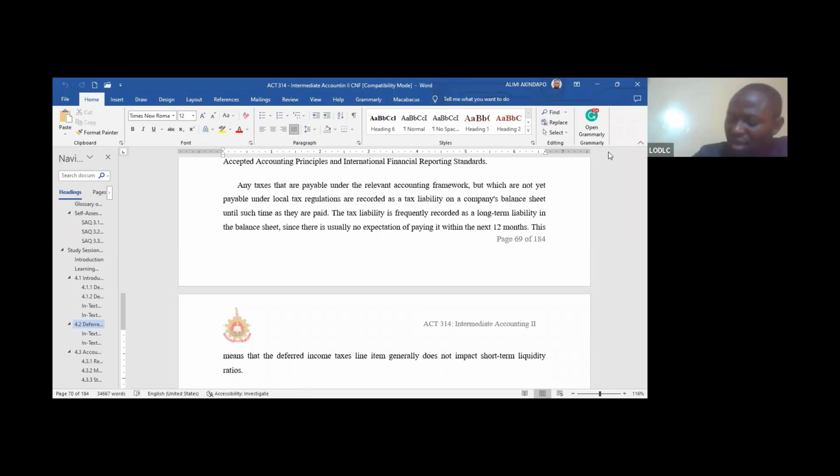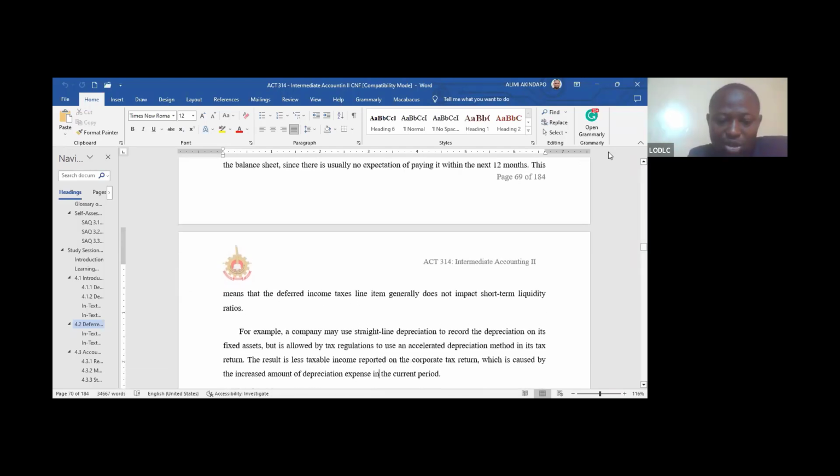That is why it is regarded as what? Long-term liability. That is non-current liability. So this means that the deferred income tax line item generally does not impact short-term liquidity ratio. That is, there's nothing we can associate deferred tax liability with the short-term liquidity.